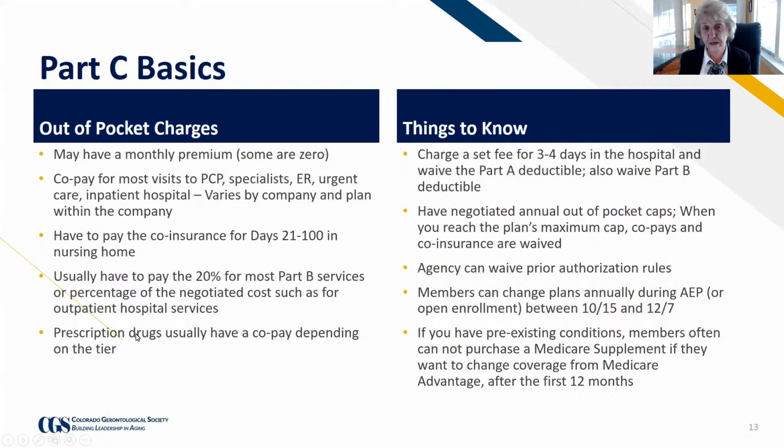The prescription drugs also usually have a copay depending on the tier and the plan that you are in. Other things to notice or to know about is that the Medicare Advantage plans usually charge a set fee for three or 4 days while you are in the hospital, but they do waive the Part A deductible. They also waive the Part B deductible by charging the copays for those visits.